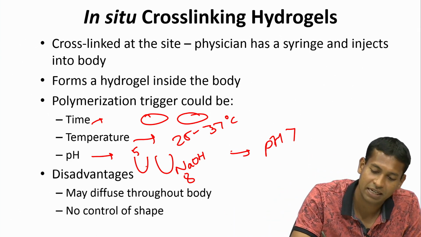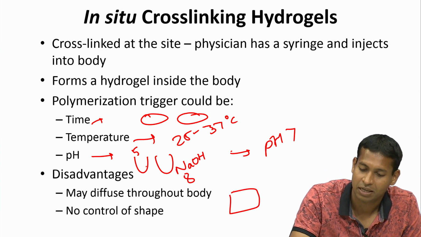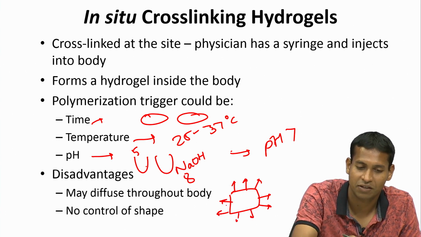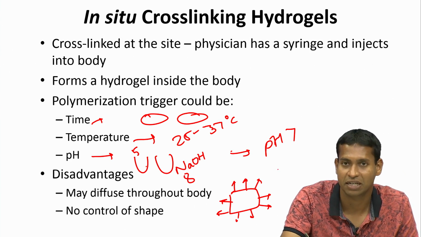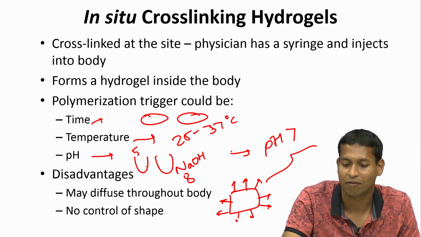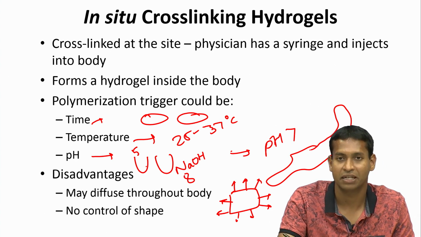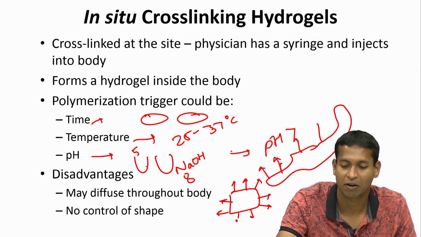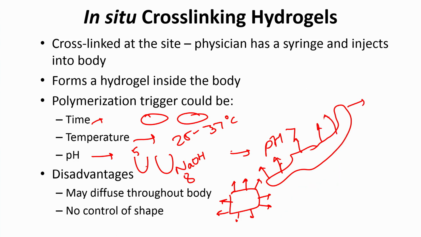So, if the area is compact and the drug is only coming out from this much surface area, you will have a different release rate, whereas in case of in situ cross linking what will happen is once you inject it into the body it can take whatever weird shape it flows in before it polymerizes, and now you have a much larger and much more irregular surface area through which the drug can start to diffuse out, right. In this case it is very hard for me to model how much drug is going to come out in a particular amount of time. So, these are some of the challenges.